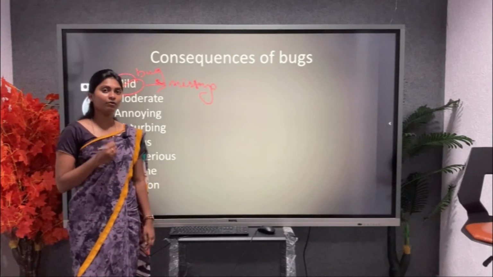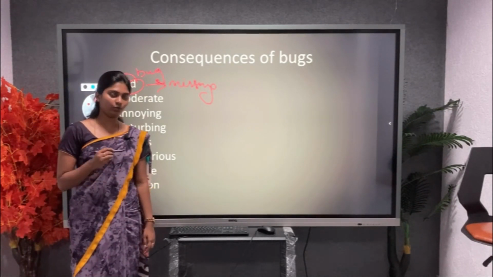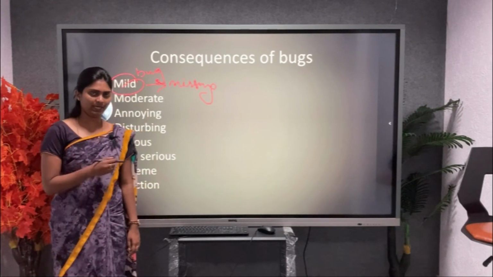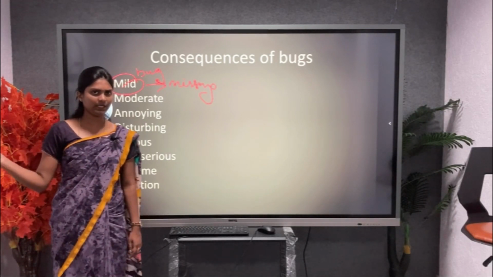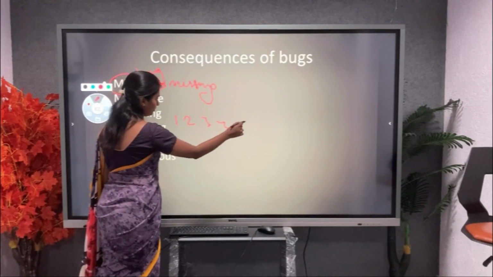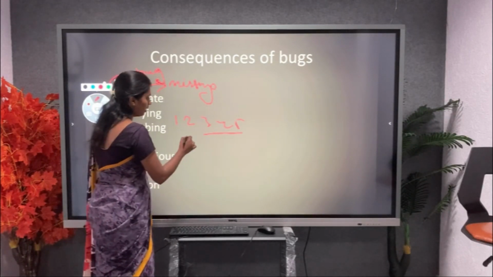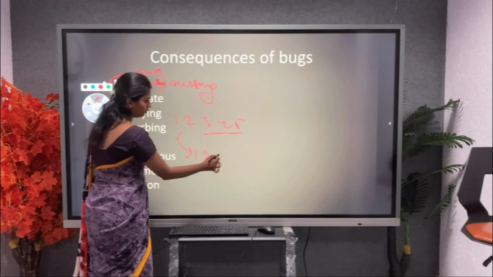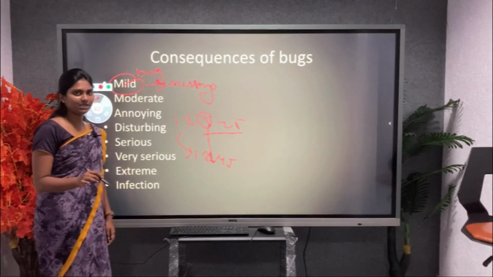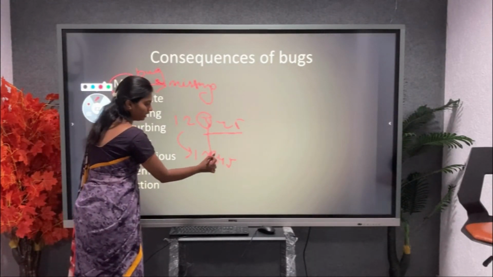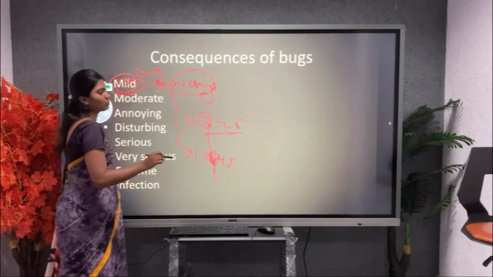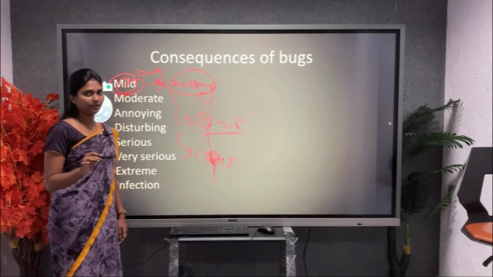When we enter numerical values from 10 to 20, we did not enter 15, 16, and directly went through 14, 16, 17, 18, right? Say the numbers we have to implement are 2, 3, 4, 5, but we go 1, 2, 4, 5. We did not enter the fourth one, so there is a missing statement, and we find that a bug has occurred. So mild is nothing but a missing statement or missing information, right?